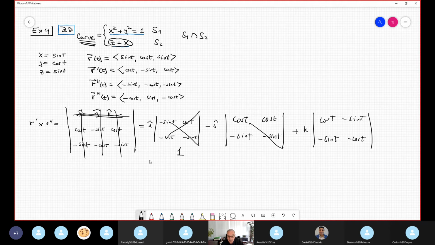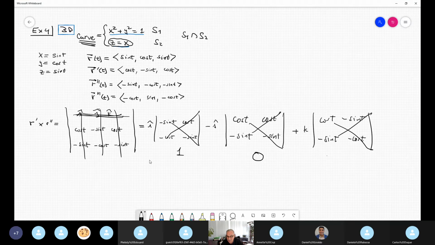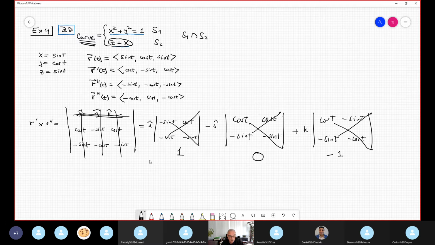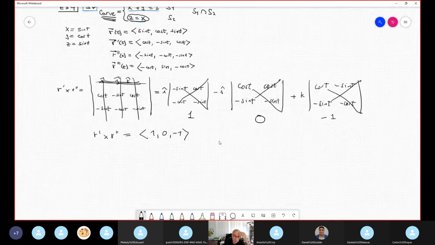This and this is minus cosine sine and positive cosine sine. This is 0. And this and this is negative cosine squared and negative sine squared, so it's negative 1. Unbelievable, but the cross product of r prime and r double prime is equal to (1, 0, negative 1). It's constant.